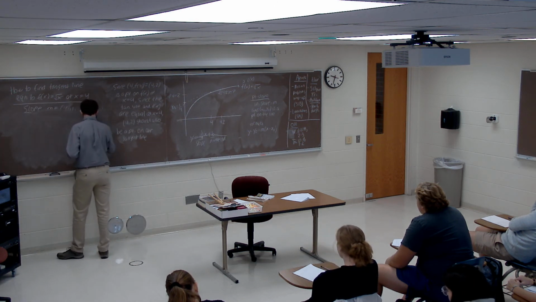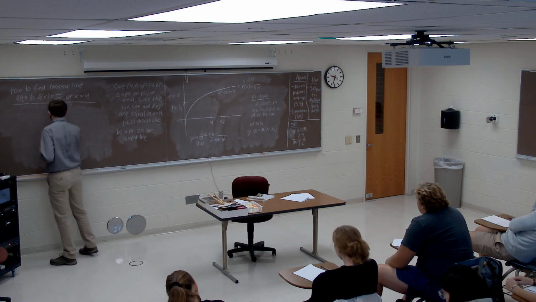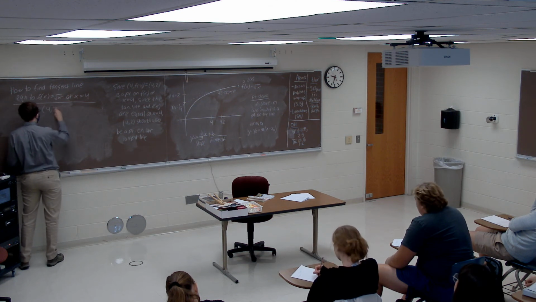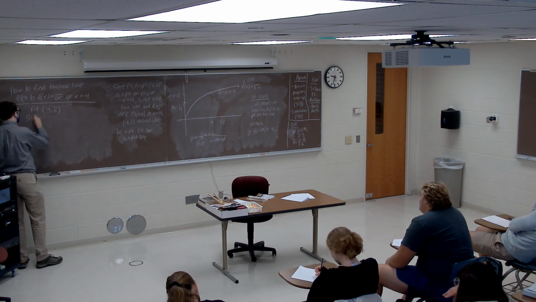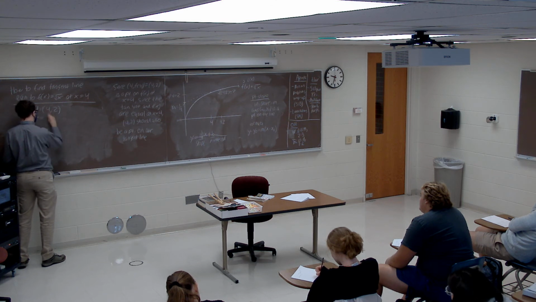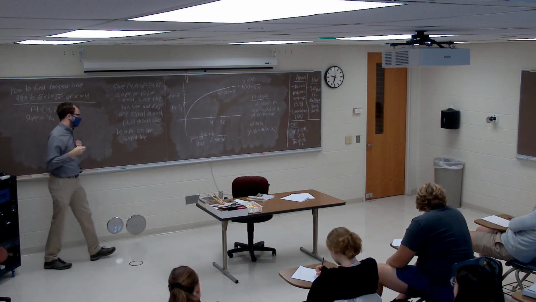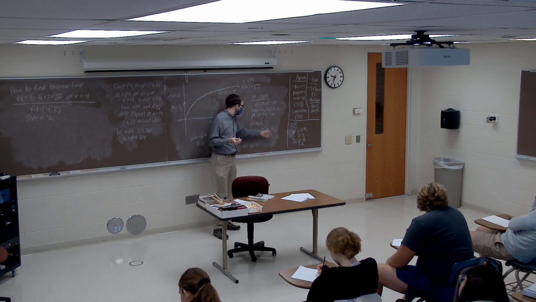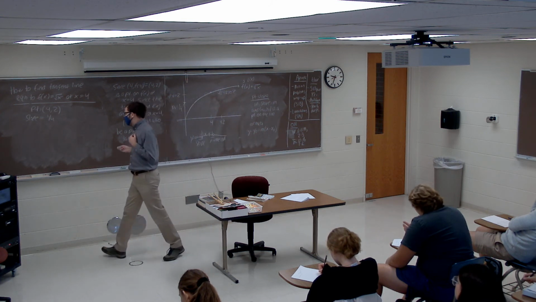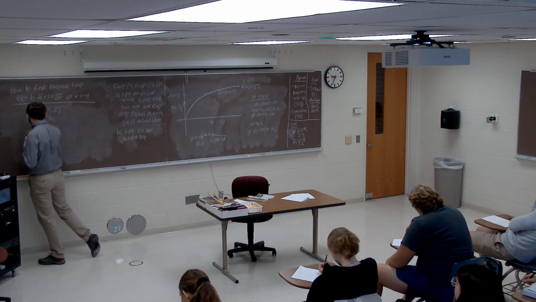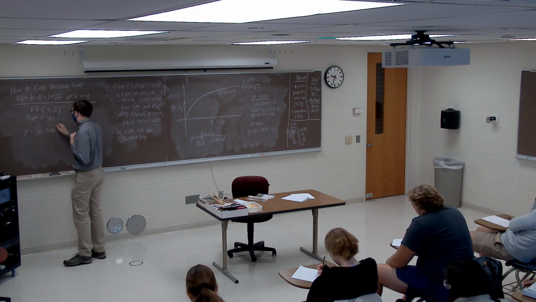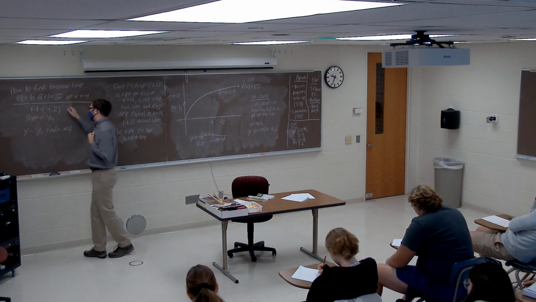So we have a point on our tangent line. Our point is 4 comma 2. We have our slope. Our slope is a 4th. So if we plug that information into the point slope formula, y minus y naught equals m times x minus x naught, I'll just write it out here so it's kind of clear where it comes from.